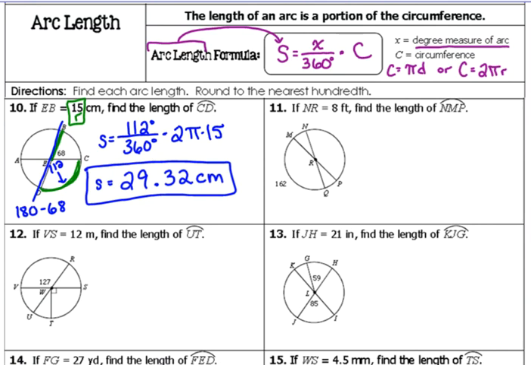Let's look at number 11. If NR is 8 feet, NR, diameter or radius? Radius. Okay, 8 is a radius. Find the length of arc NMP. So we go from N to M and end at P. So we got to do a little work again.